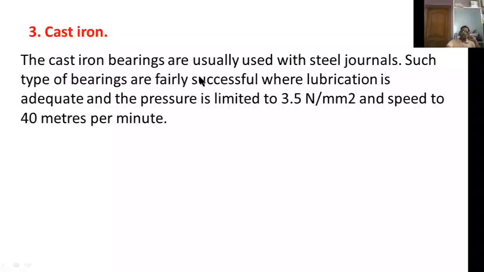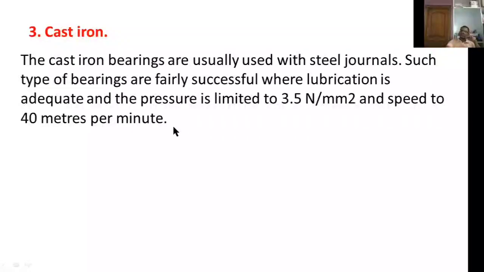So the cast iron bearings are usually used with steel journals. Such bearings are fairly successful where lubrication is adequate and the pressure is limited to 3.5 megapascal and the speed to 40 meters per minute. Okay.